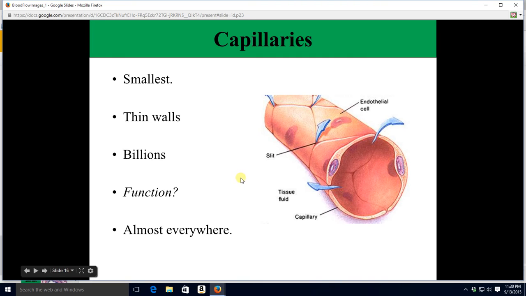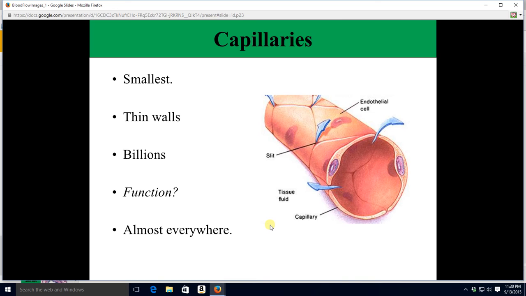There are billions of these guys, an extremely high number, 10 billion or so, coupled with the exquisite thinness of their walls, makes them perfect for exchange, for stuff going out and stuff going in. Heat, water, nutrients, wastes, gases, signaling molecules, electrolytes, the usual collection of things.